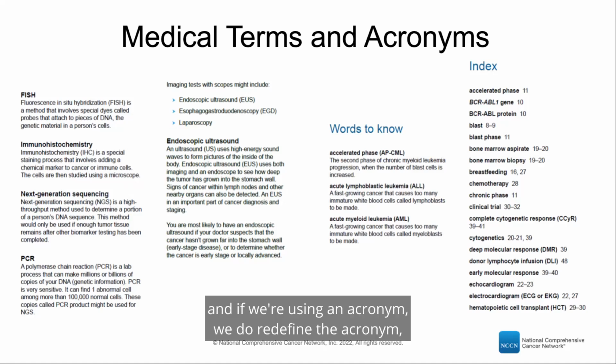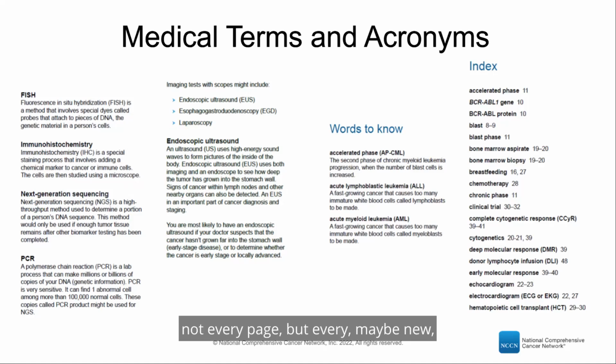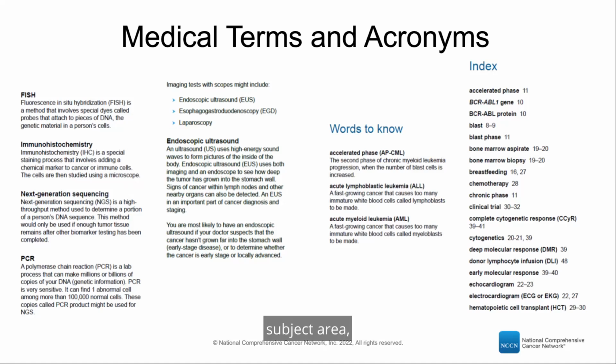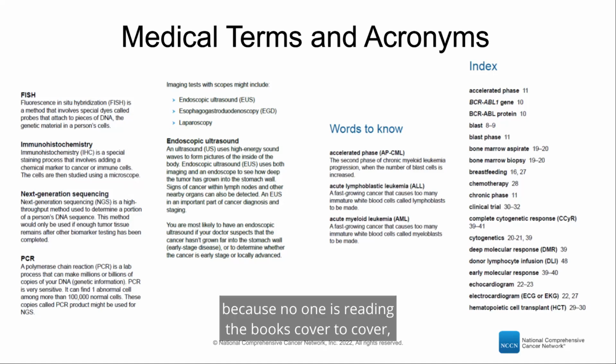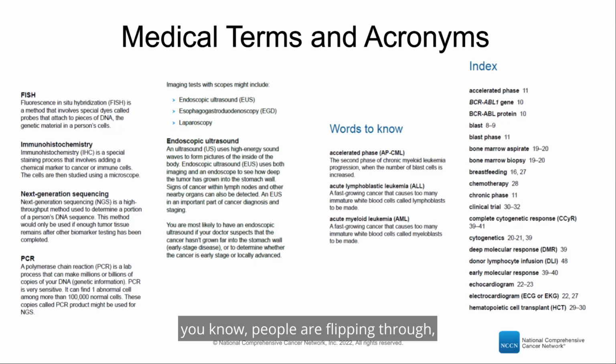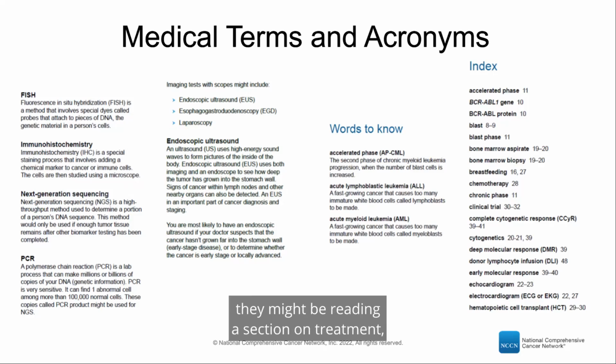If we're using an acronym, we do redefine it, not every page, but maybe for every new subject area. We repeat it as a reminder, because no one is reading the books cover to cover. People are flipping through, they might be looking up a test, or reading a section on treatment.